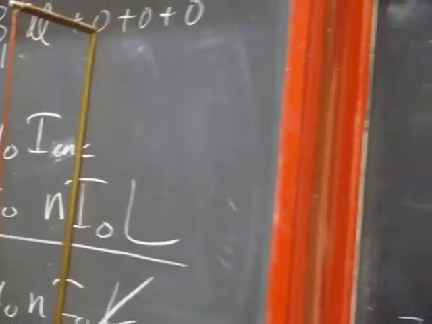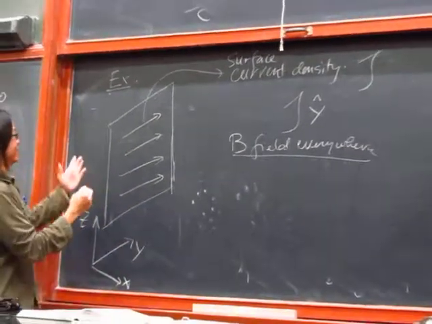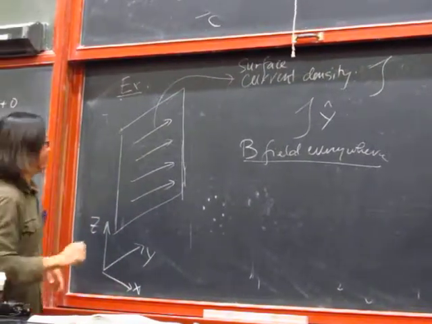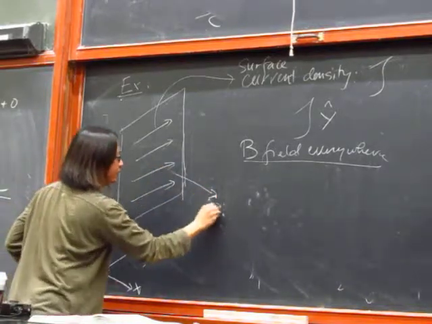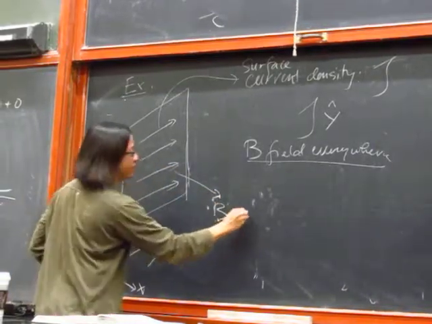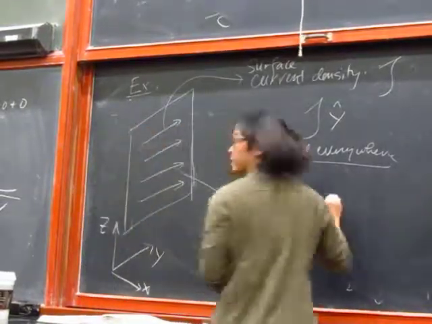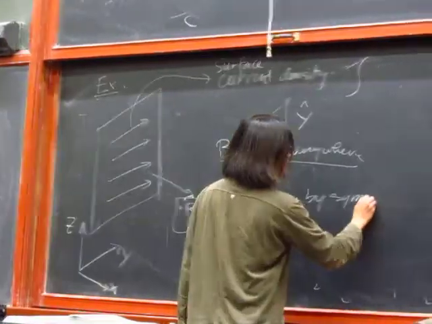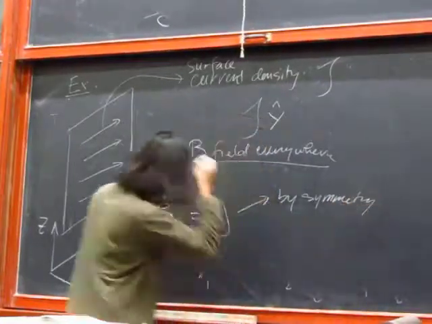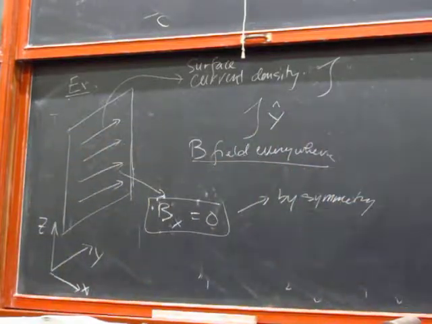In this case here, what's the B? I should have done this tilted that way, but it doesn't matter. First of all, there cannot be any field in the x direction, again by symmetry. Because if you have that, then you cannot satisfy the Gauss law for the B field.